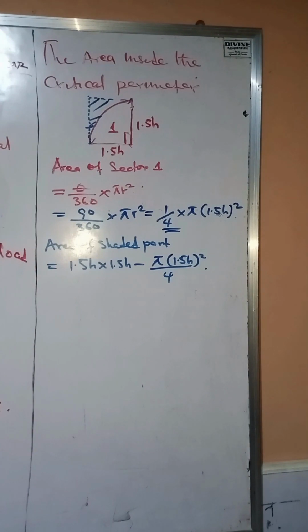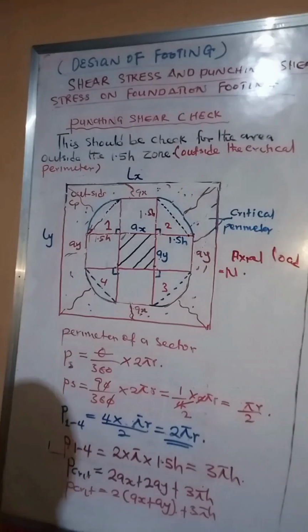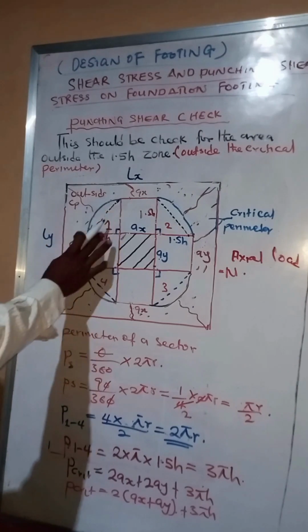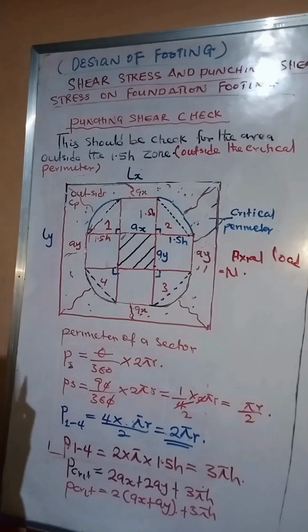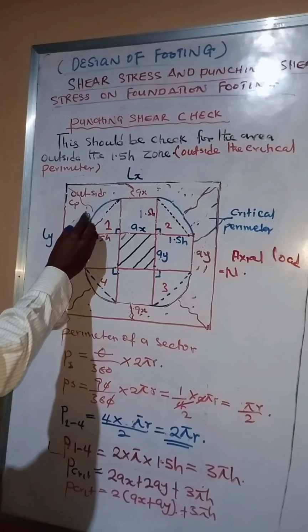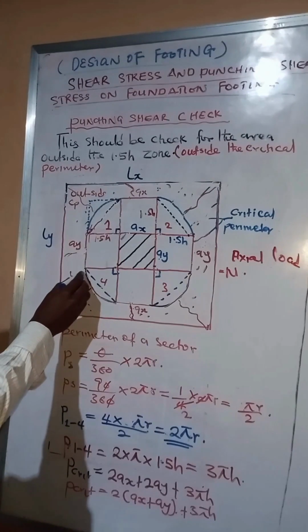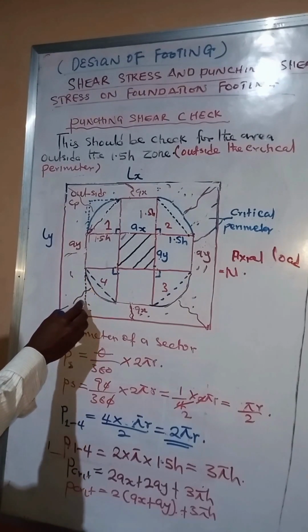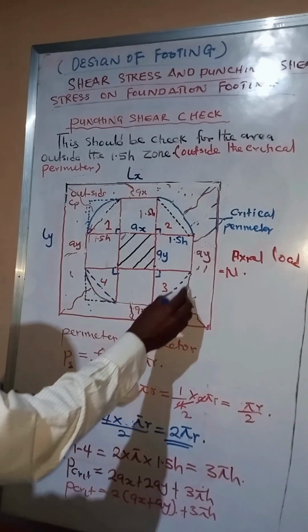So this gives us the area of the shaded parts. Now remember, we have 4 such sectors. We have 1, 2, 3, 4, and we have just dealt with 1. So what I want to do, we are going to pick this as a square. Take it this way.